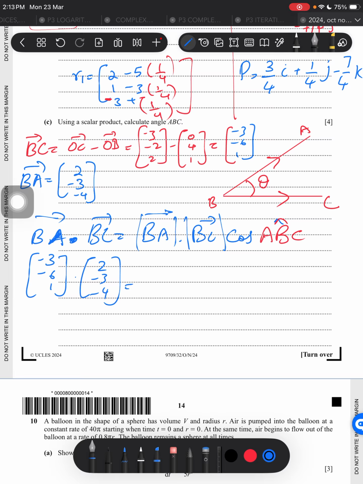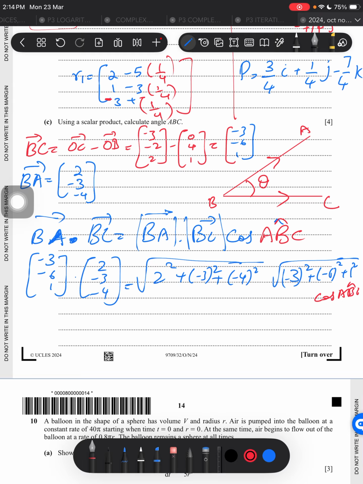We can just take the roots to get the magnitude: 2 squared plus minus 3 squared plus this, and the other one is 6 squared plus 1 squared, times cos of ABC.